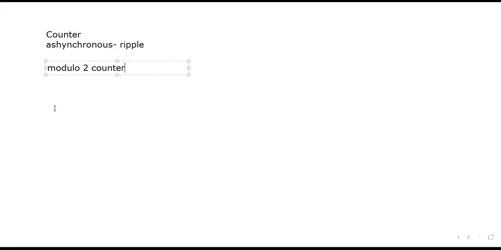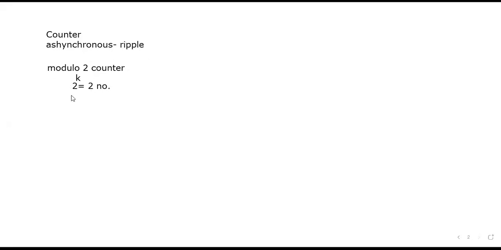If it is a counter, we have to convert the modulo numbers into bits. Modulo means the number of states, so I have to write 2 raised to k equals the modulo number.